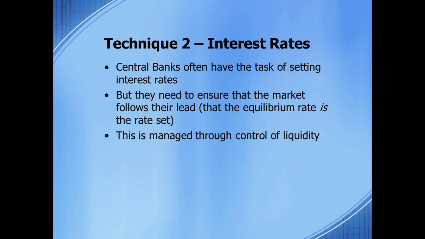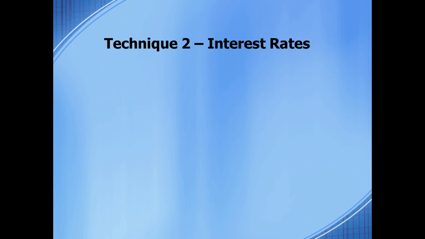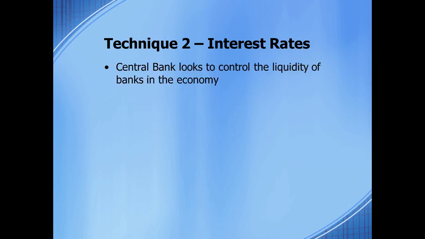And this is managed through the control of liquidity, and it is able to influence changes to the price for borrowing money. So if we look at these interest rates, the central bank, or in our case the Bank of England, looks to control the liquidity of the banks in the economy. So it has to keep them on the margin of sufficient liquidity to operate in.